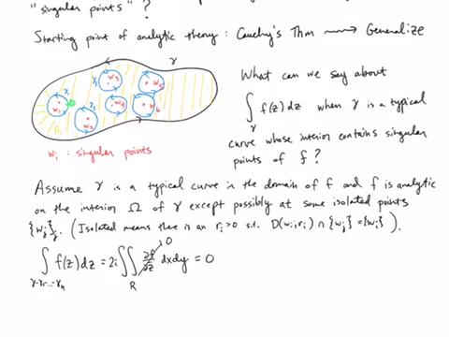That is equivalent to saying that the integral over gamma of f of z dz, taking all these minuses and putting them on the other side of the equation, is equal to the sum over i of integrals around the boundary of these disks of f of z dz.